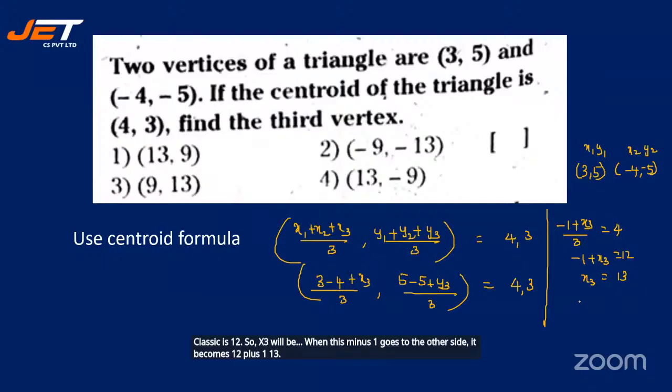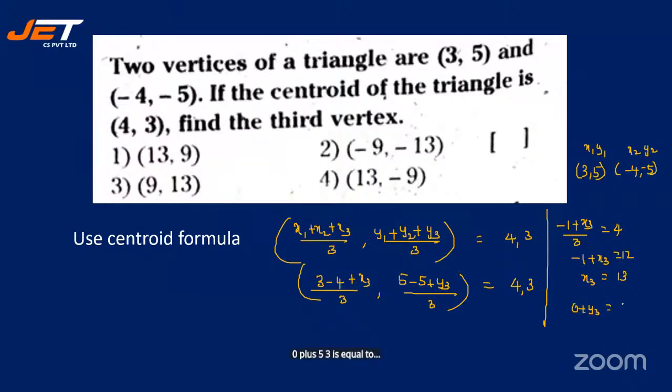Next, see here. 5 minus 5 is 0. 0 plus y3 is equal to 9. So y3 is 9. So your x3, y3 is 13, 9. So option 1 must be the correct answer.